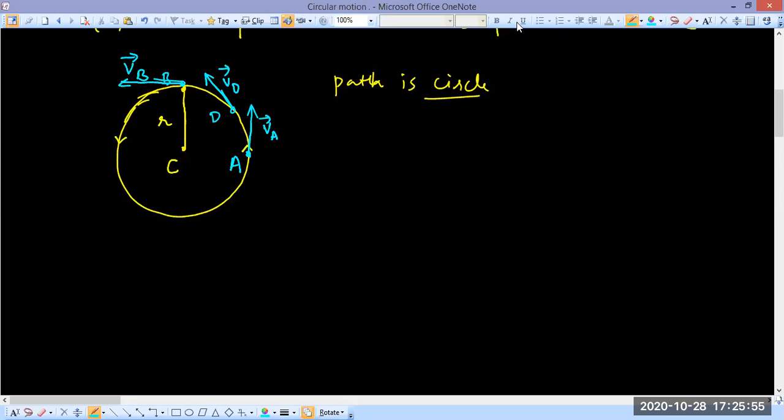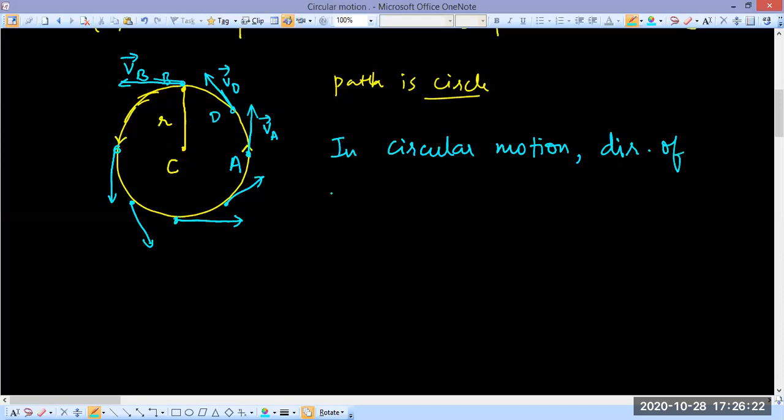Yes, Vedant, very good. So you can clearly see that there is no way direction of velocity can remain same. Direction of velocity continuously changes. So you could write in circular motion. Now when I write circular, I mean circular. I don't mean uniform circular. In circular motion, direction of velocity continuously changes.